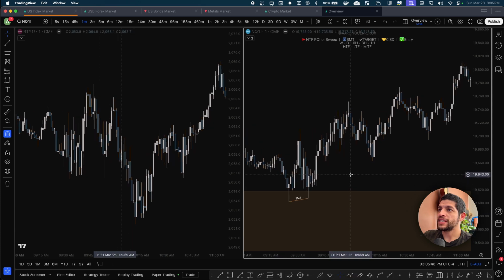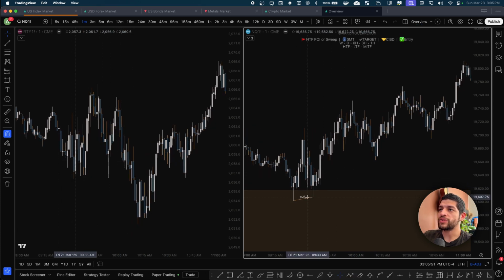If we do have SMT here, then our last swing high before that failed swing low is key. If this wouldn't have failed and then this did, that would still be SMT. But since NQ gave us a failed swing low, this is our manipulation leg from this high to this failed swing lower low.